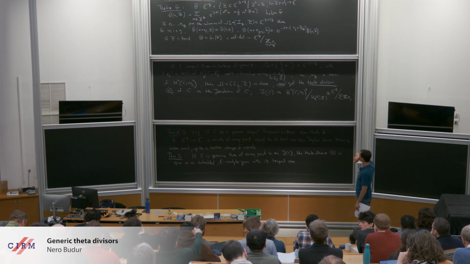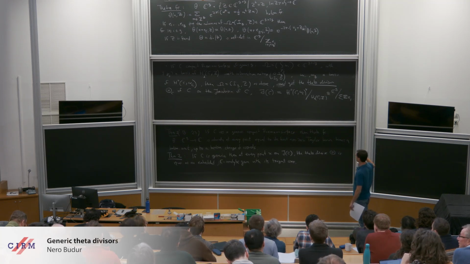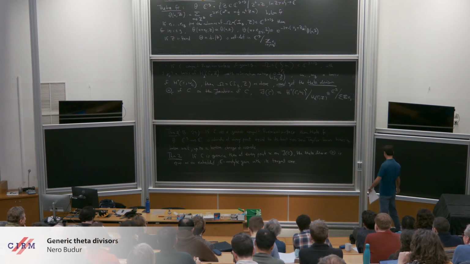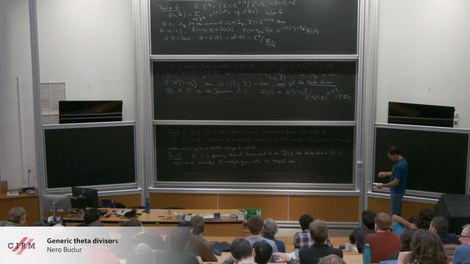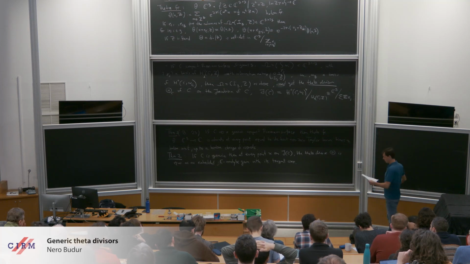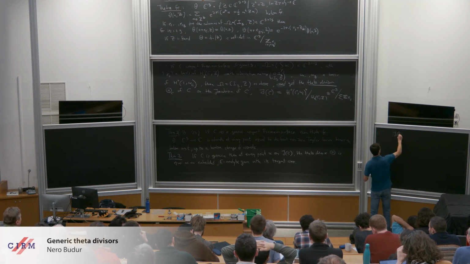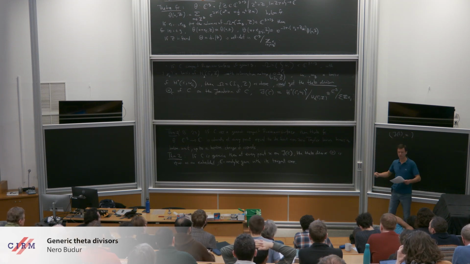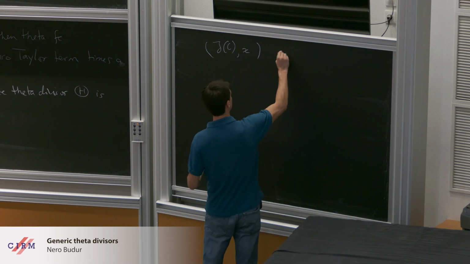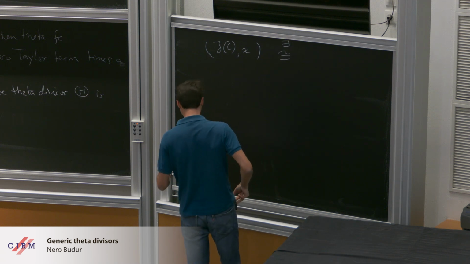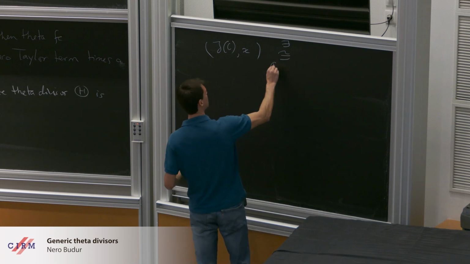So let me spell out in a diagram what this means. We have the Jacobian. We have a point on the Jacobian, it lies on the theta divisor, and there exists an isomorphism as complex analytic germs.